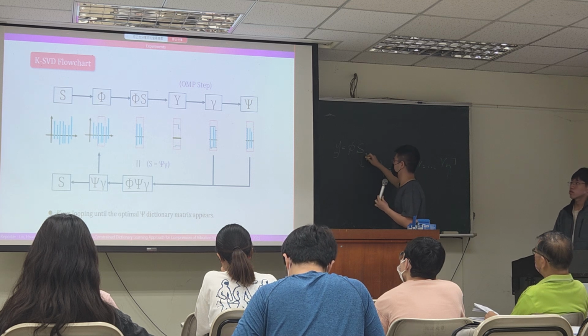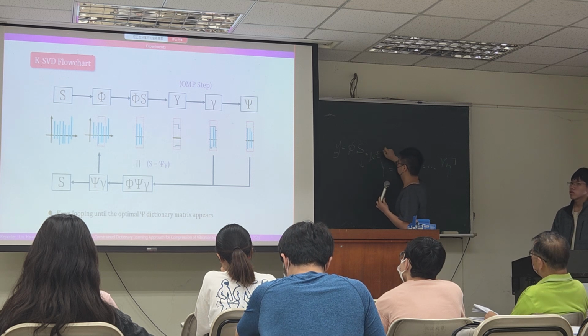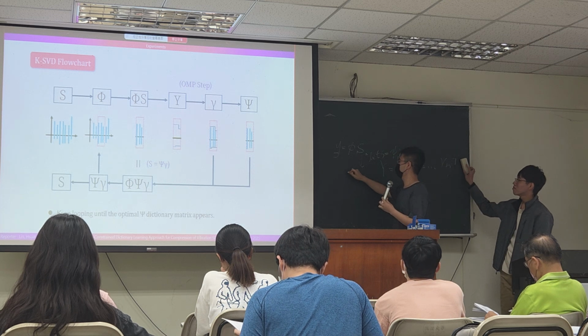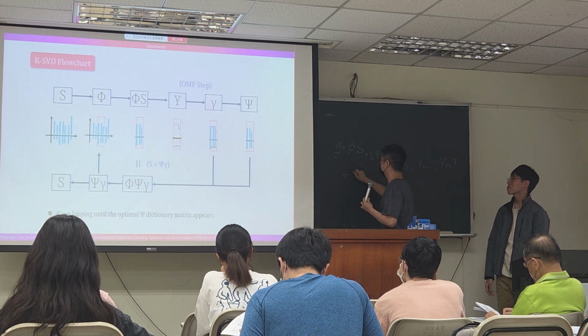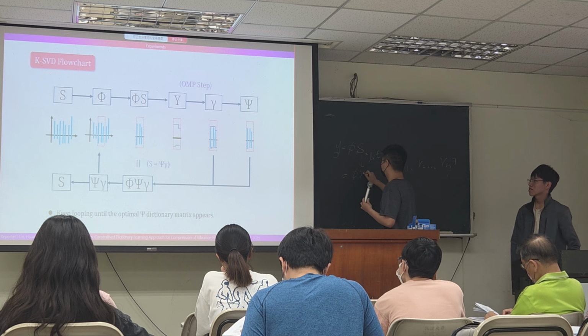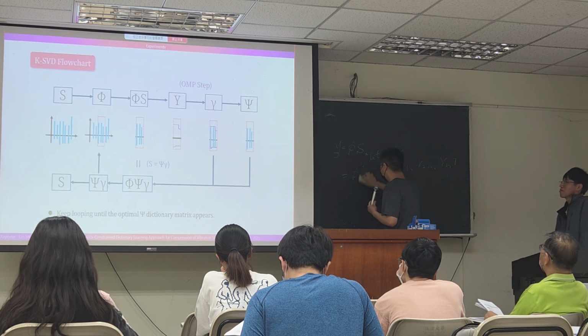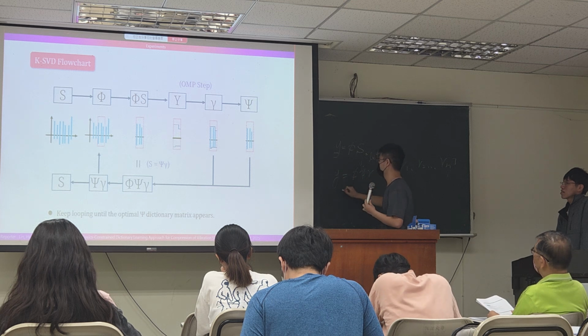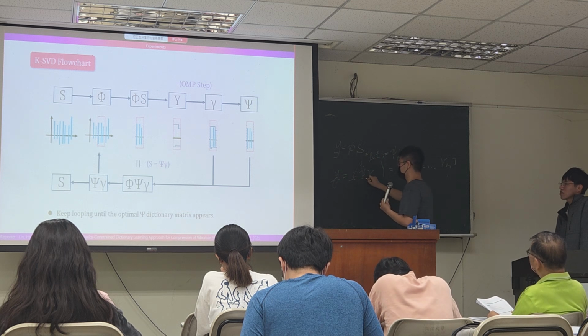We write s as psi gamma, and we have y equals phi psi gamma. We have y, phi, and psi.